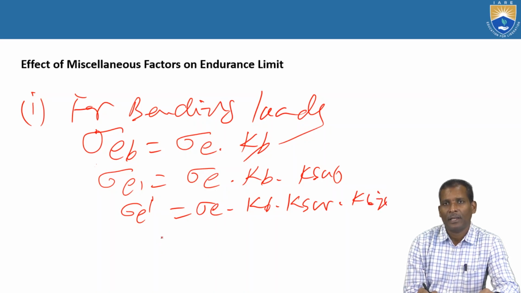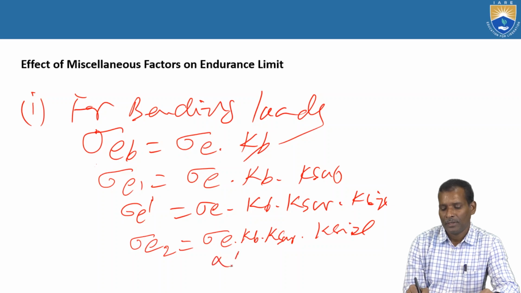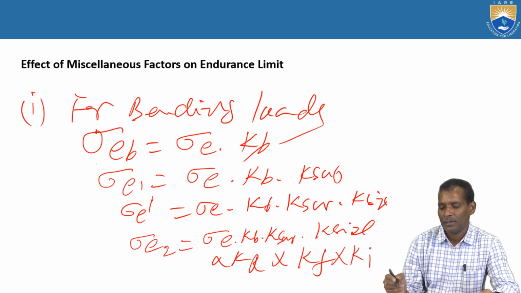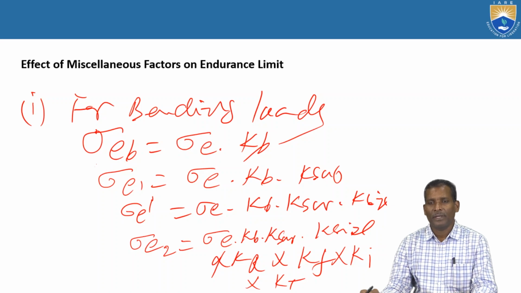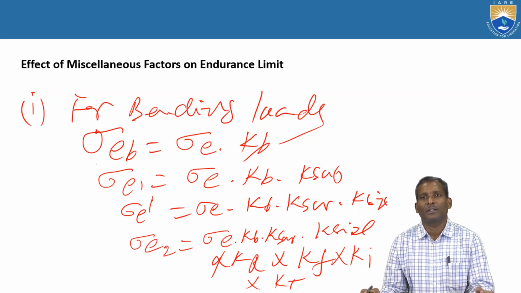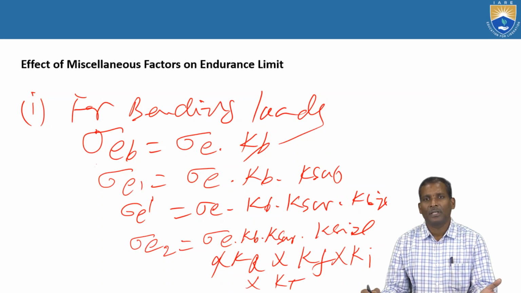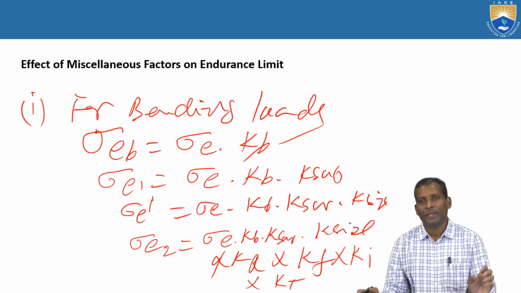Considering the reliability factor, impact factor and fatigue stress concentration factor, the new value sigma E2 is equal to sigma E KB, K surface finish factor, K size factor multiplied with K reliability factor, K fatigue stress concentration factor and K impact factor multiplied with KT temperature factor. Whatever values are given, you should multiply all the factors with the endurance limit value. Then you will get the actual endurance limit of a particular material.